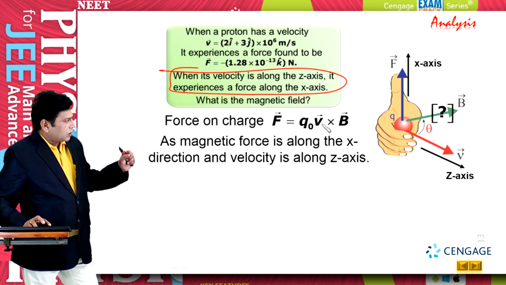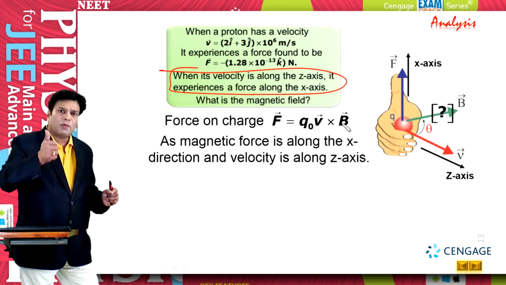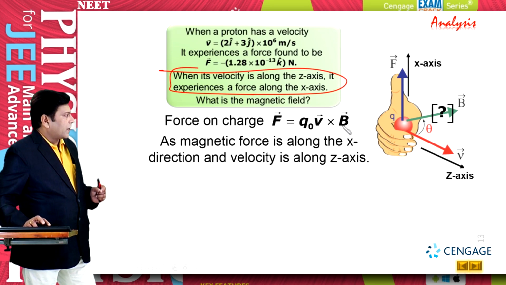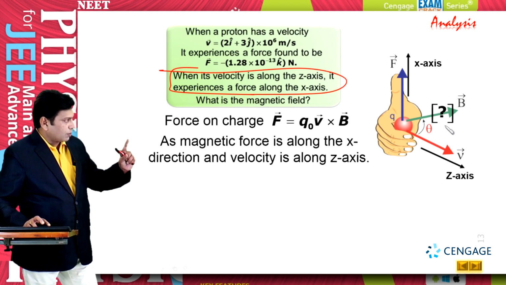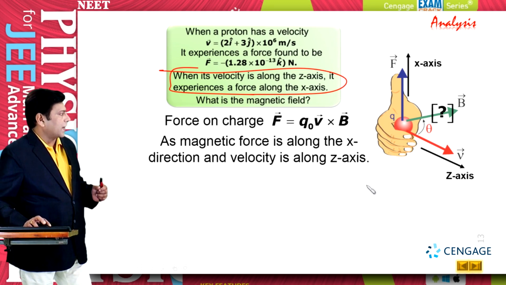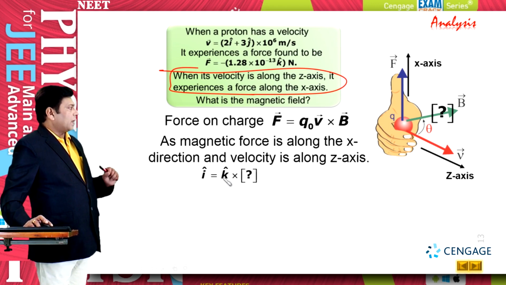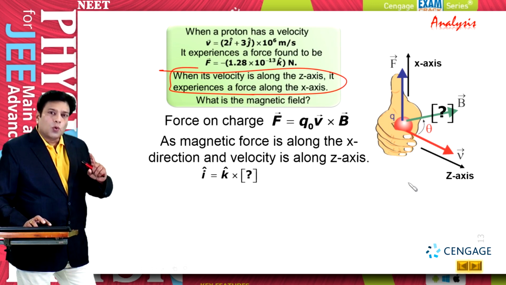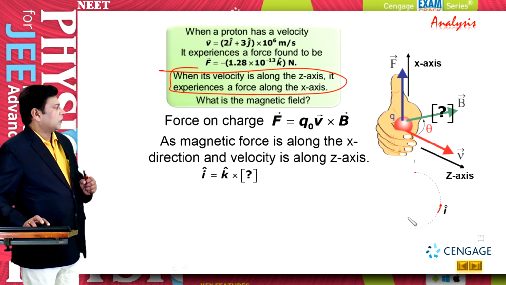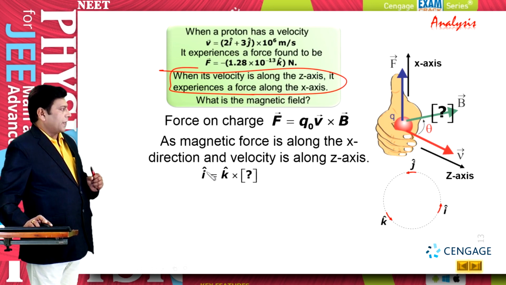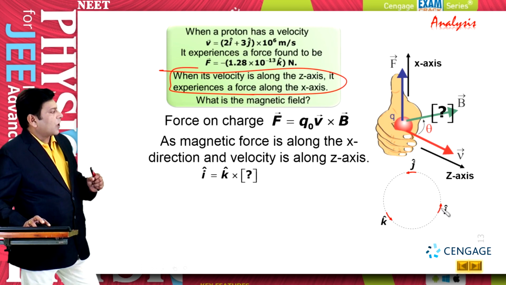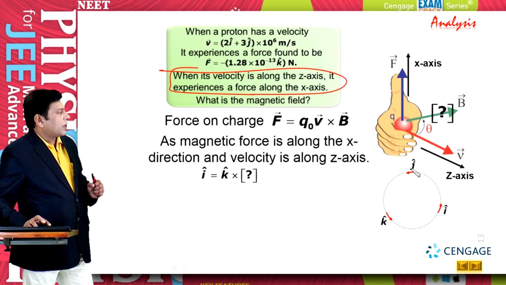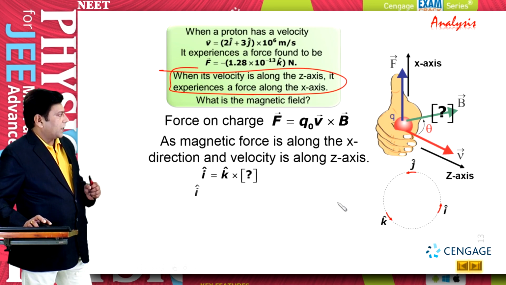We need to calculate the direction of the magnetic field. And we know the cross product of velocity and magnetic field gives the direction of the force. So we can write k cap and question mark cross product equal to i cap, right? And we need to calculate this value. And we know the rule of the cross product. If we want to get i cap, we need the cross product of j and k.